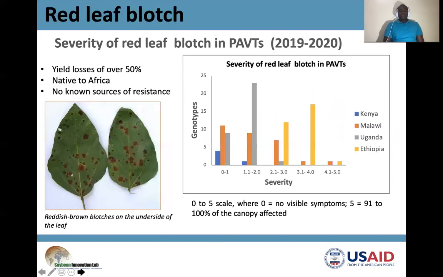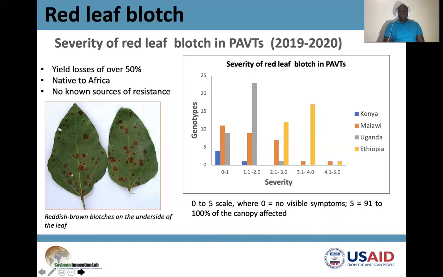Another disease of importance is red leaf blotch. This disease is native to Africa, and it causes yield losses of over 50%. Similar to soybean rust, we do not know any sources of resistance, and it affects the photosynthetic efficiency of soybean. In this case, the disease was observed in 4 countries: Kenya, Malawi, Uganda, and Ethiopia.